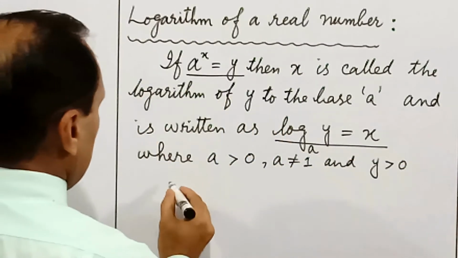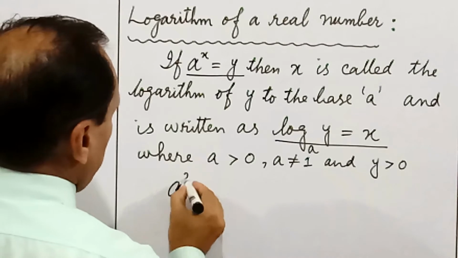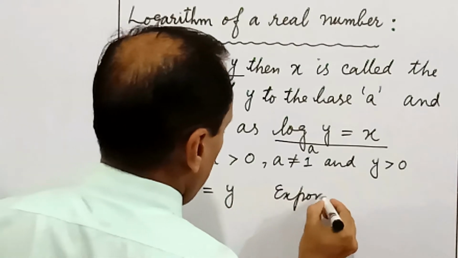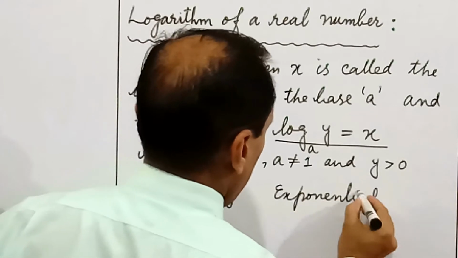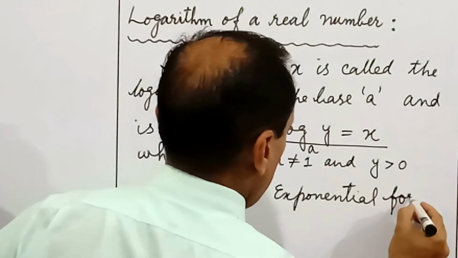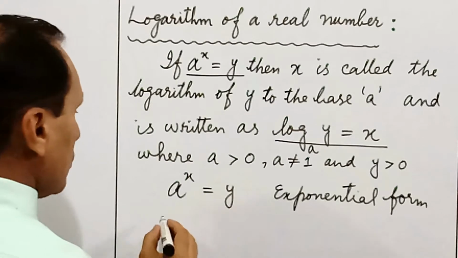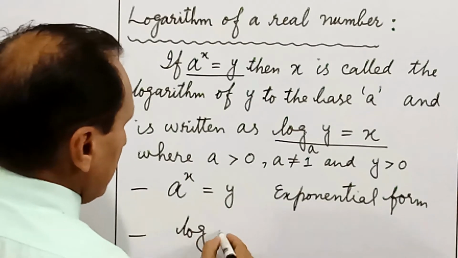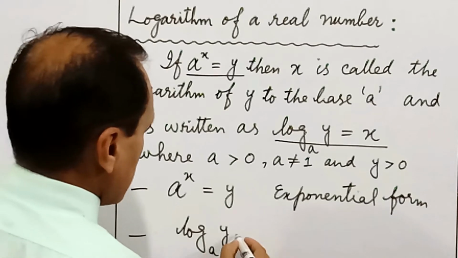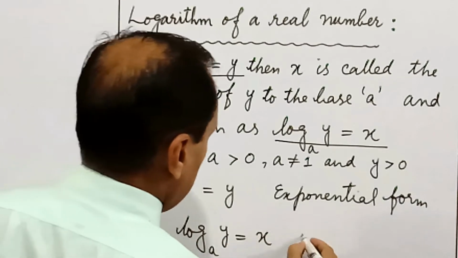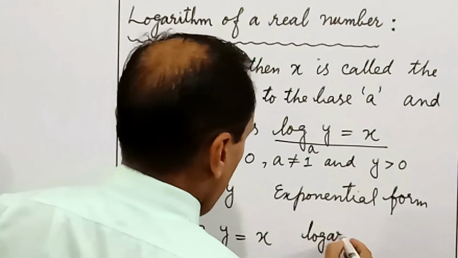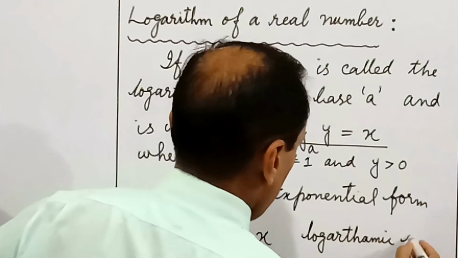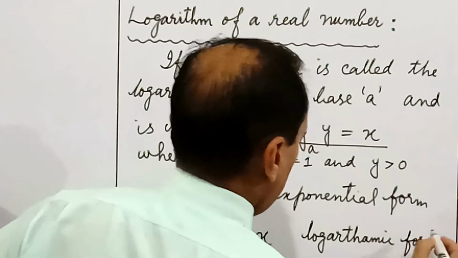Number one is a raised to power x is equal to y, that is exponential form. And number two is log y to the base a is equal to x, and that is logarithmic form, or simply log form.